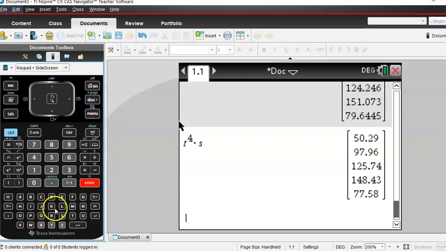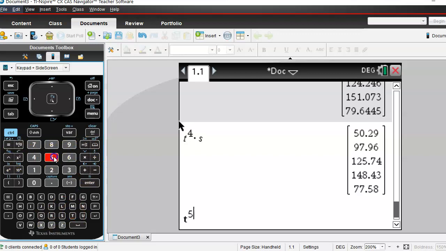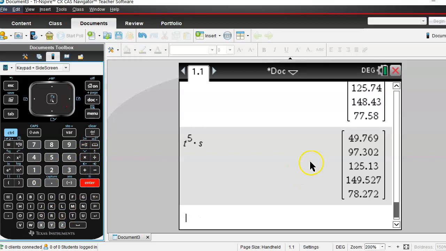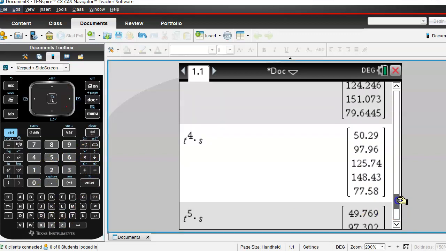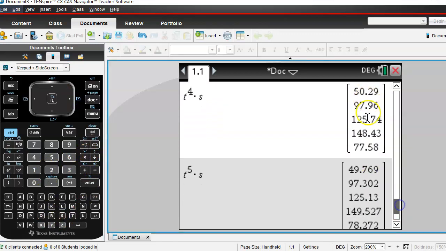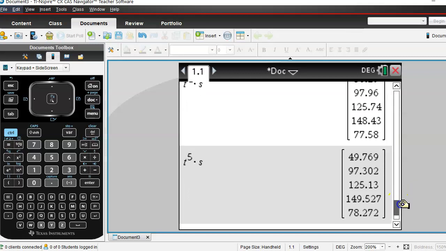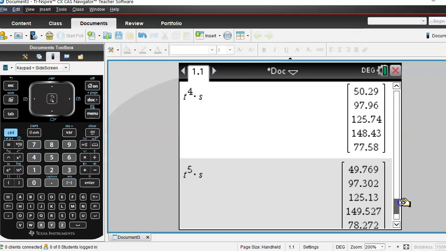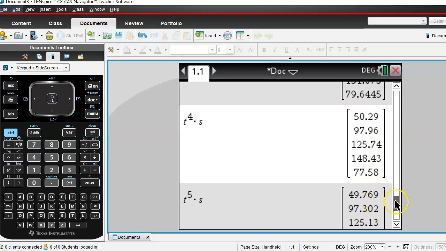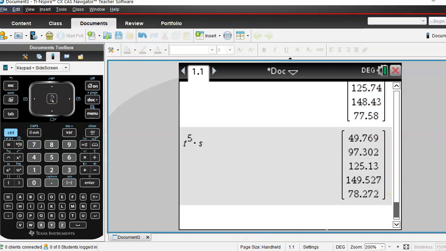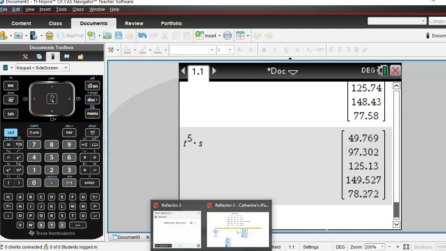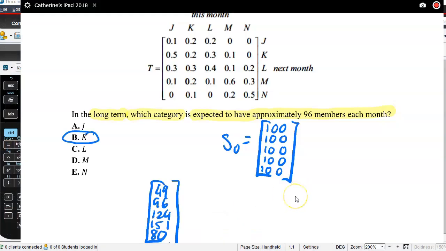And then if I go T to the 5 times by S, you can see there's a big change there, isn't there? They're changing. Their numbers are not steady. It's not a steady state as yet. It's still changing around. We haven't hit that yet. We will hit it later on. We're not asked to find where we're going to hit it though.